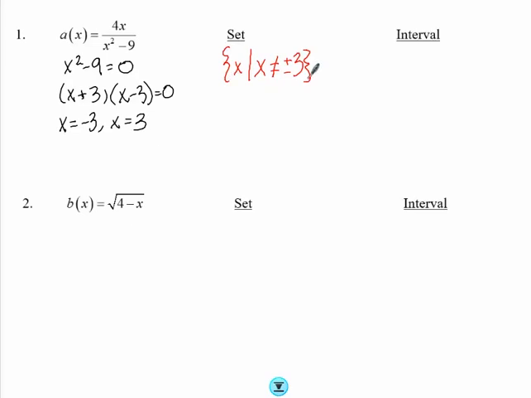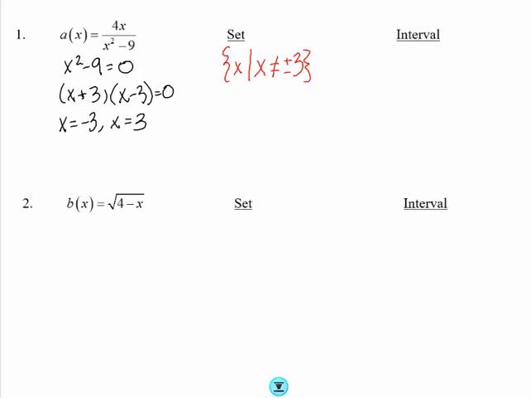That tells us that we're talking about a set. Then we always need to specify what the variable is, in this case x. This vertical line you read as such that, and then you give the criteria. So this means we could have all values except positive and -3.